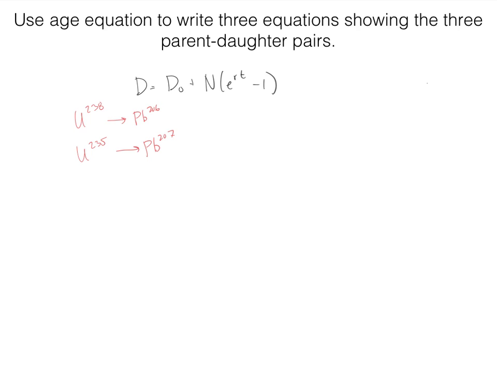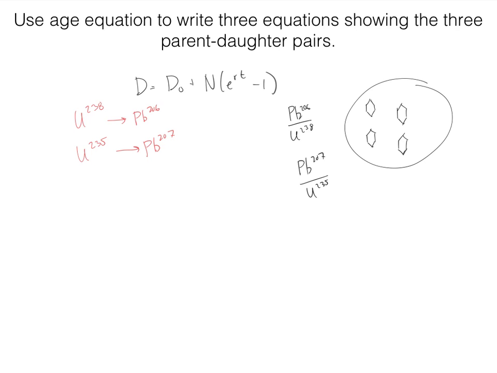So if you have one rock with many zircons in it, and I'm just going to draw 4 for right now, even though the concentrations of uranium and lead will be slightly different in all 4 of these crystals, if they all formed at the same time, they should have the same ratios of lead-206 to uranium-238 and the same ratios of lead-207 to uranium-235.